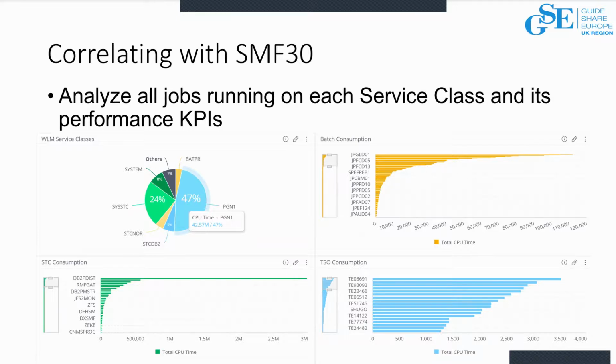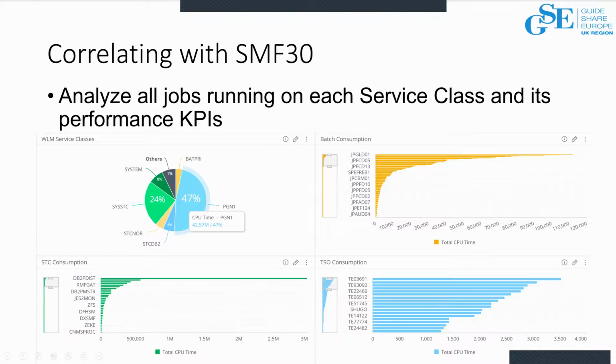And then you are able to see the two SMFs, and you can also understand which jobs are executing on which service classes, report classes or workload names. So this is an example here where I took the service classes, and if you select the service class, you have the batch, TSO, and STC jobs that are running on the specific service class.